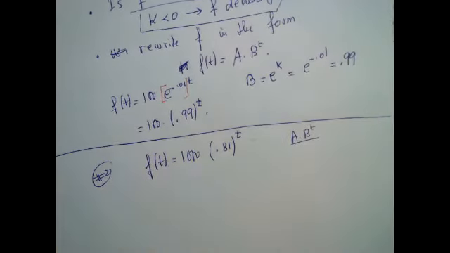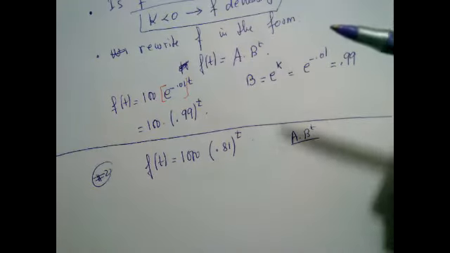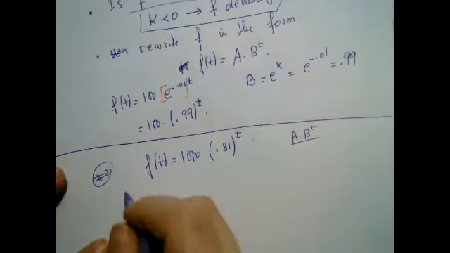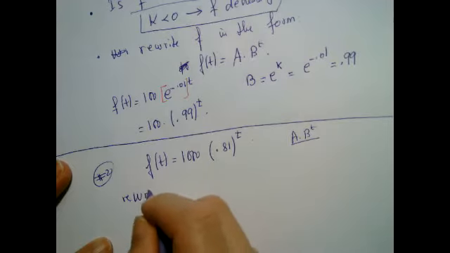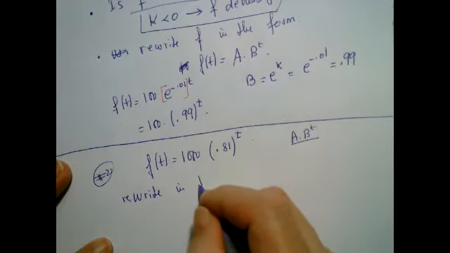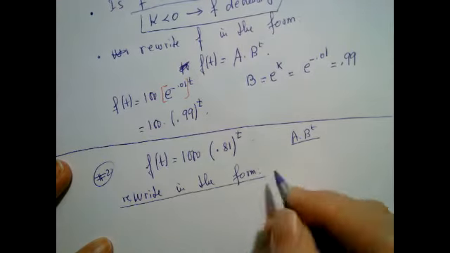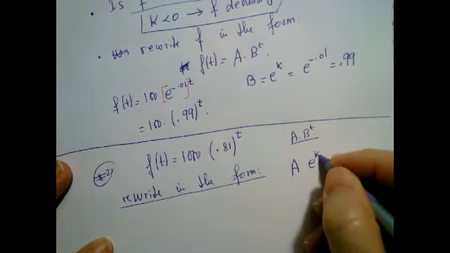And the question is, I want to rewrite it in the form a e to the kt. So I'm going to go backward. Let us remember how it works. Rewrite in the form a e to the kt.